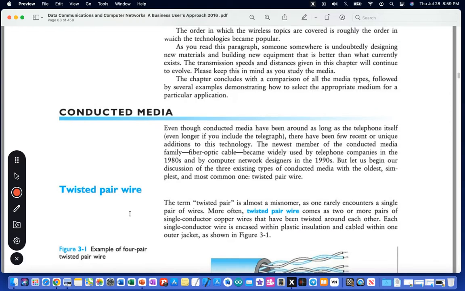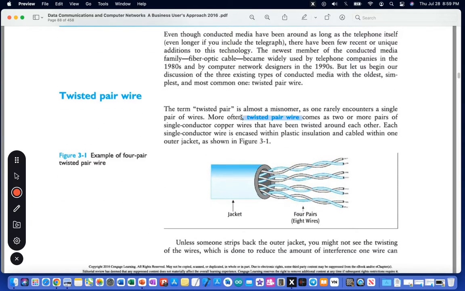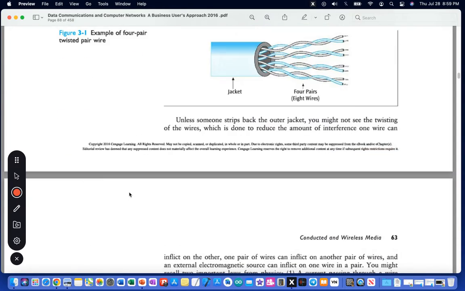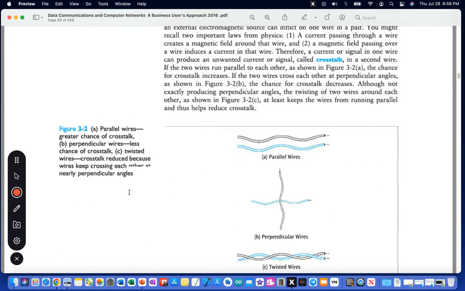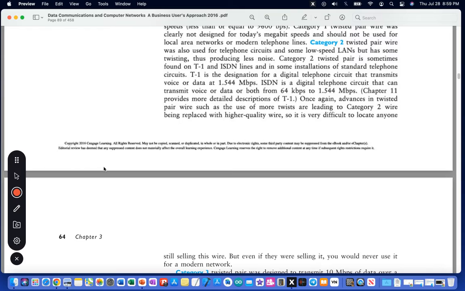And if we keep going, the twisted pair and why it's twisted to reduce noise, and a few figures.